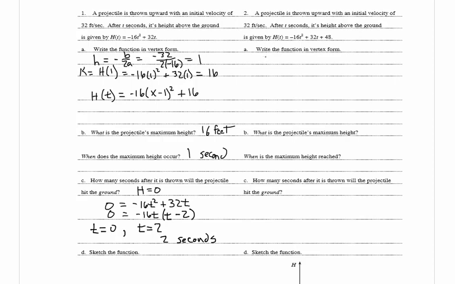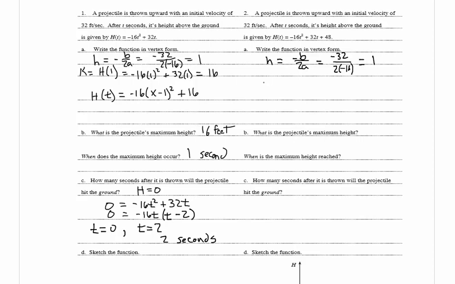So we're going to have h is equal to negative b over 2a, which is equal to negative 32 divided by 2 times negative 16, which is equal to 1.